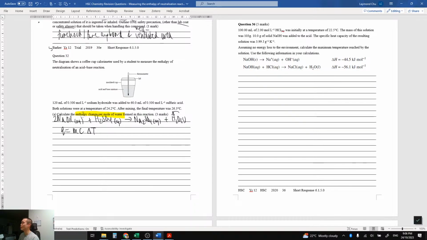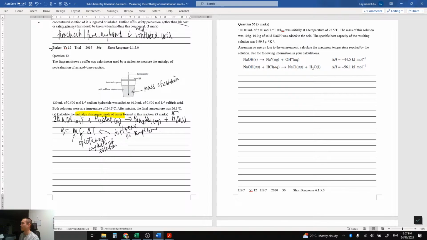For the neutralization reaction enthalpy calculations, the m is the mass of your solution, your c is the specific heat capacity of your solution, and your delta T is the difference in temperature.